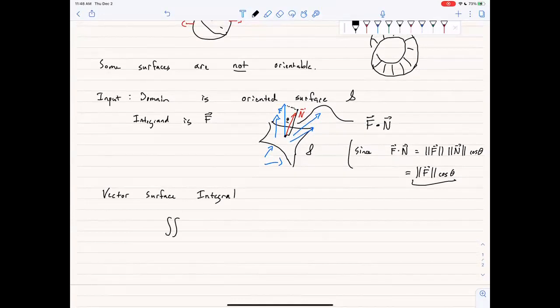The notation is slightly different. We have this F, although it looks a little like the case with line integrals, F dot dS, where S is capital now, but this is defined to equal just the ordinary scalar integral of F dot n dS. Oops, no vector here. This is a scalar integral.